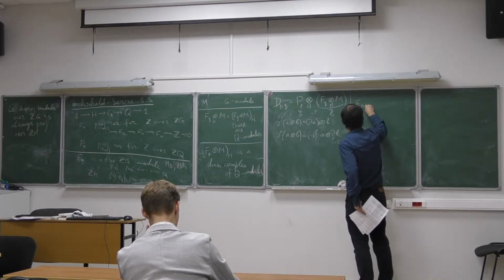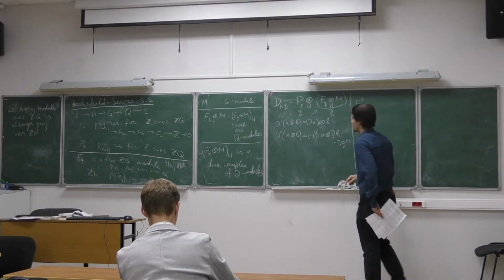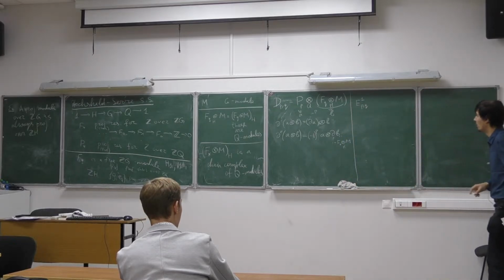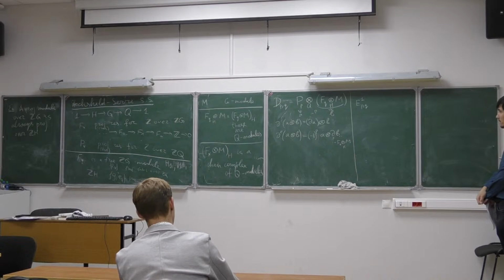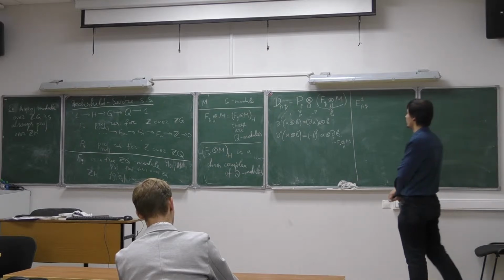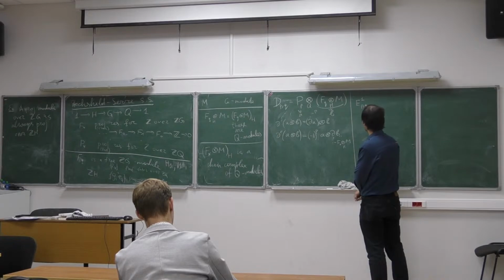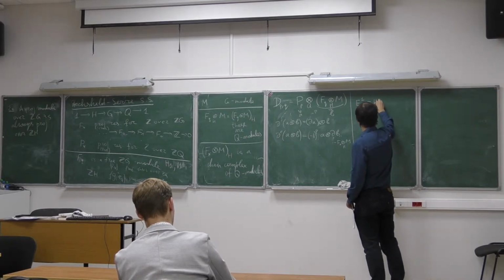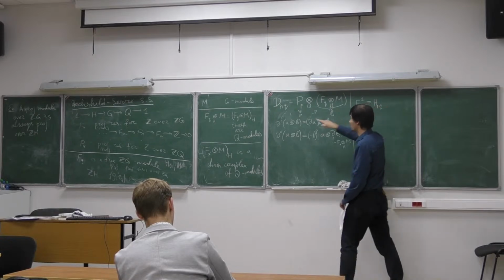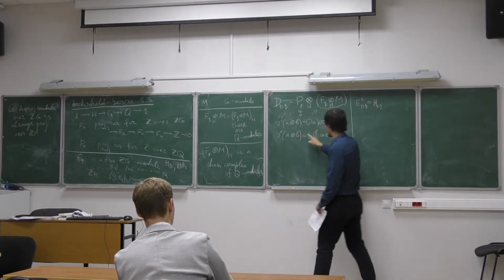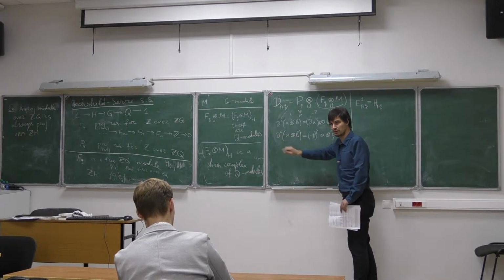Well, let us start with the term E1. What can we say about the term E1? Look, by definition, this is homology of this double complex with respect to this differential d double prime.